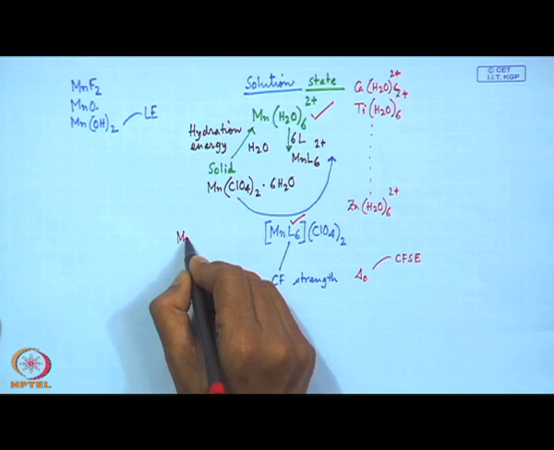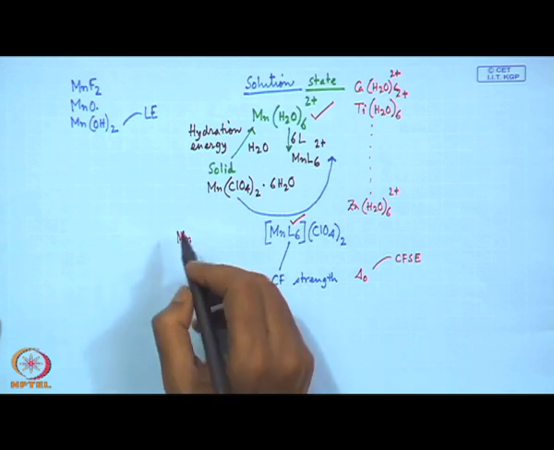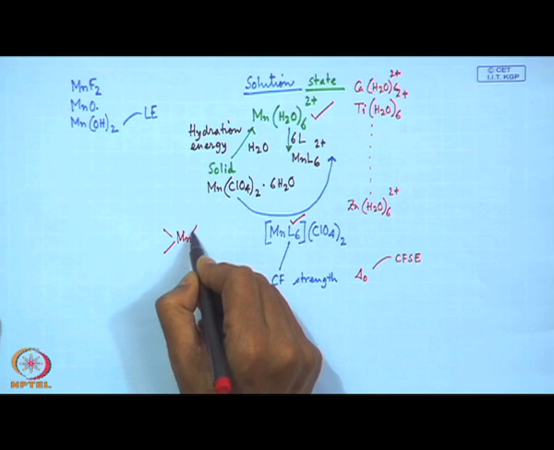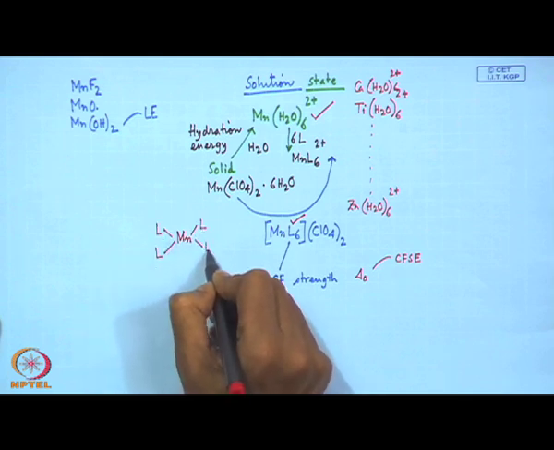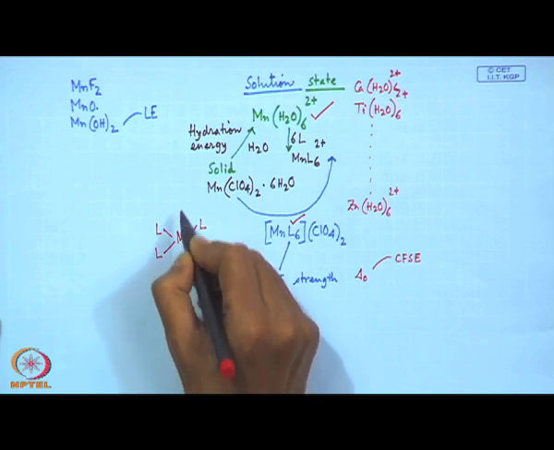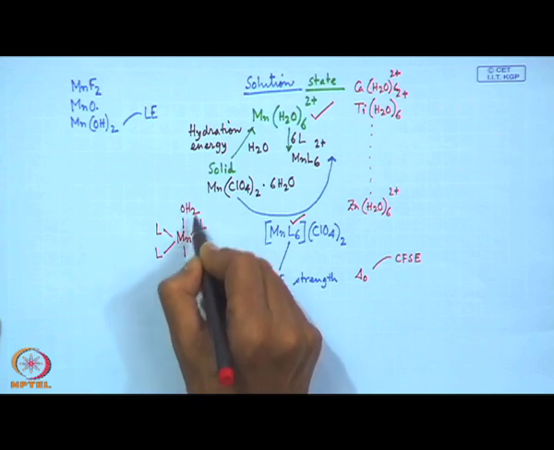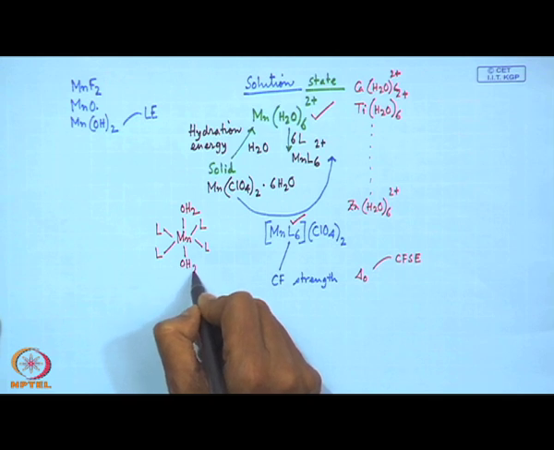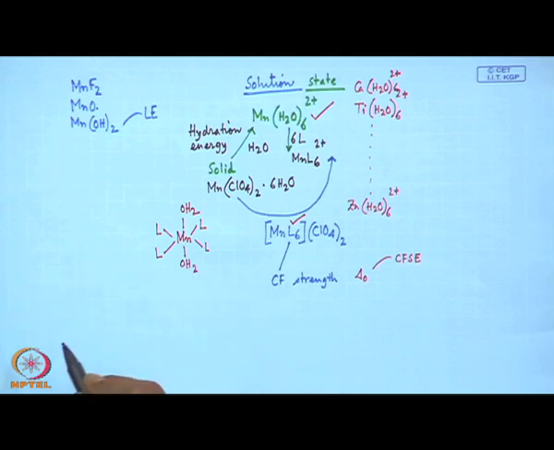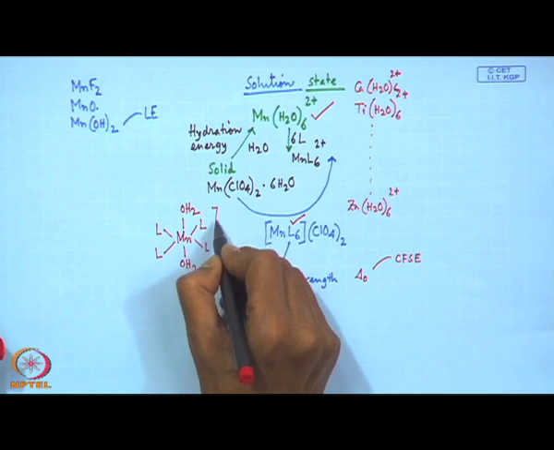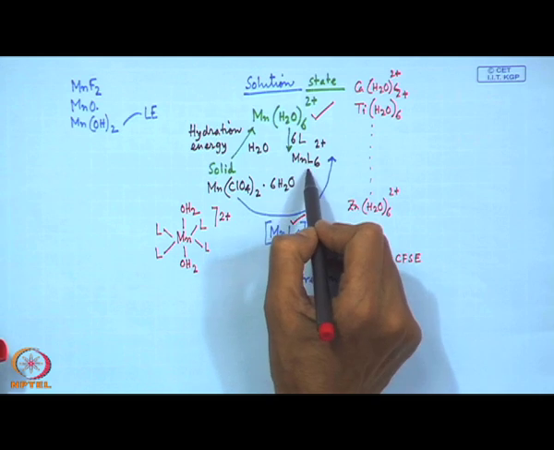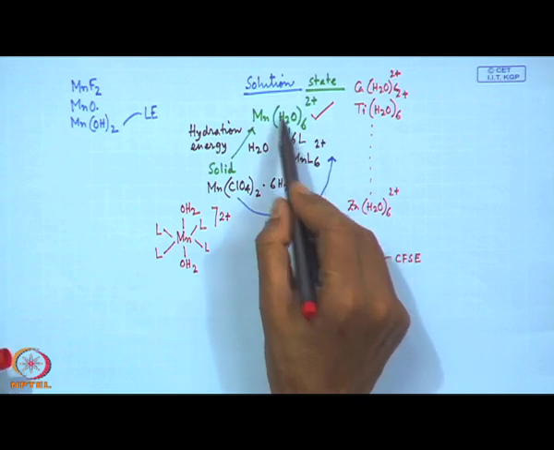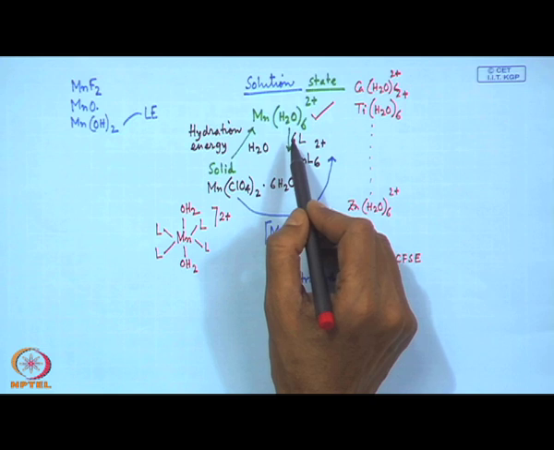Instead, we can have certain species where we can substitute 4 of these water molecules by L, but 2 water molecules are still remaining there. So, these are the other possibilities for stepwise removal of these water molecules by 6 L groups one after another. That is why we get the different values of the corresponding stability constant.